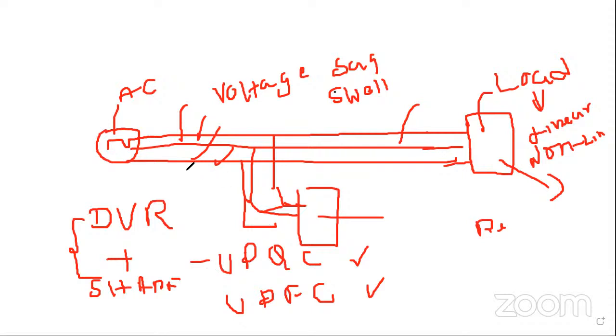For a particular problem on the distribution side, we can utilize these shunt filters. A combination of shunt and passive filter we can call a hybrid filter also.